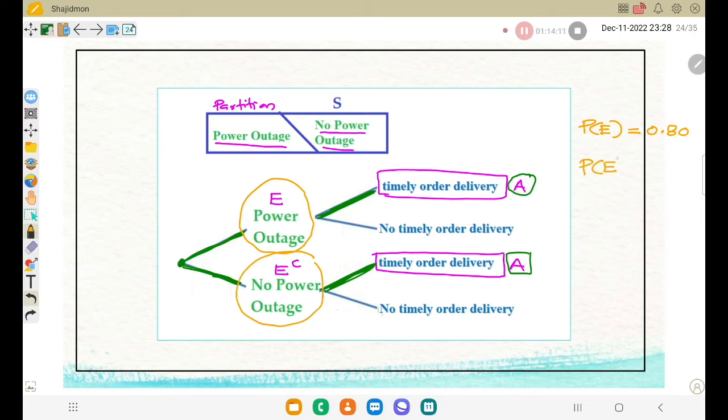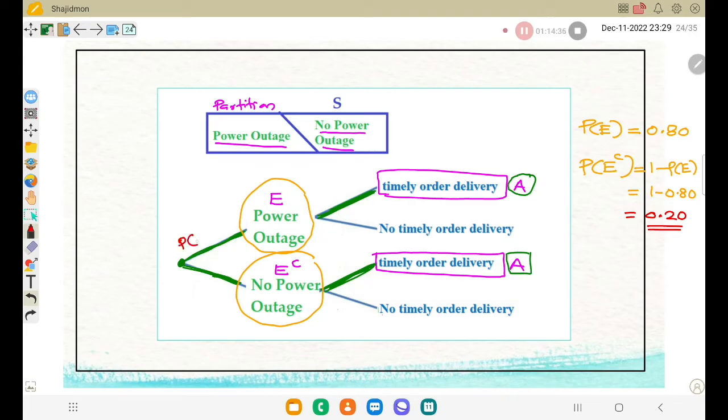Probability of E complement means probability of no power outage. So probability of E complement is 1 minus probability of E, correct? What is that number? 1 minus 0.80. What number are we getting? 0.20.